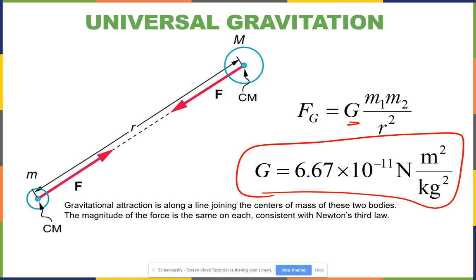So if you double the separation between the two masses, what are you going to do to the force of gravity? If R doubles, remember R is the separation of the centers, what happens to the force? It gets smaller by a factor of 1/4 because you have the two squared. So we call it an inverse square force law.